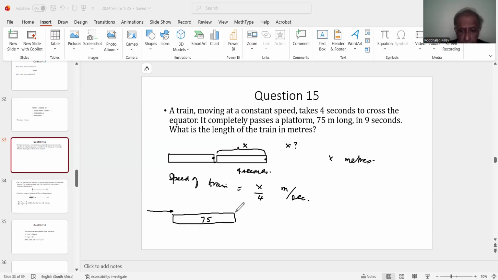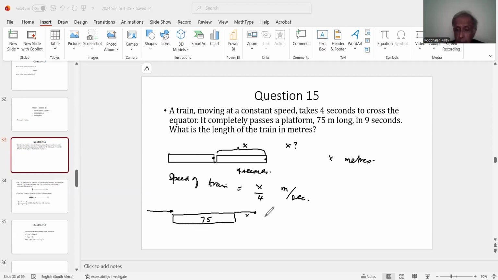When it finishes, it goes right across completely. So this is where the train is after crossing the platform. So you can see what distance the front has traveled. We said the length of the train is x. So this point here, the front of the train, has moved through 75, which is the length of the platform, plus the length of the train, 75 plus x.